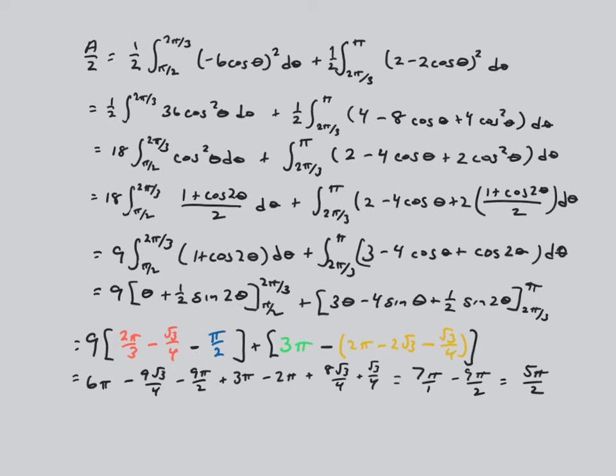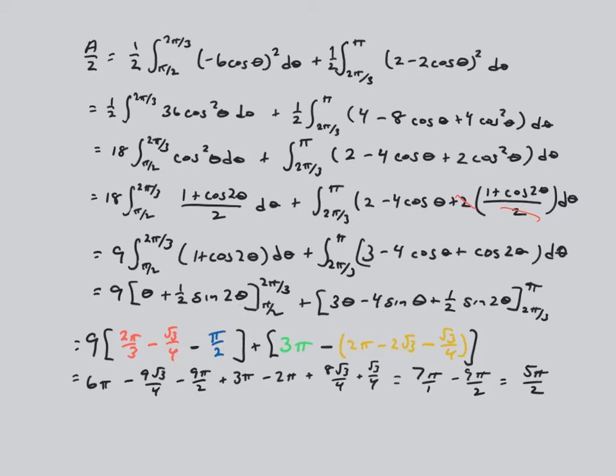Now I do have to go through again. We're dealing with trig integrals, so I have to use the power reducing formula. I know cosine squared theta is 1 plus the cosine of 2 theta over 2. And same thing here, these 2's will cancel each other out, so that will be gone. So I have 2 minus 4 cosine theta plus 1.